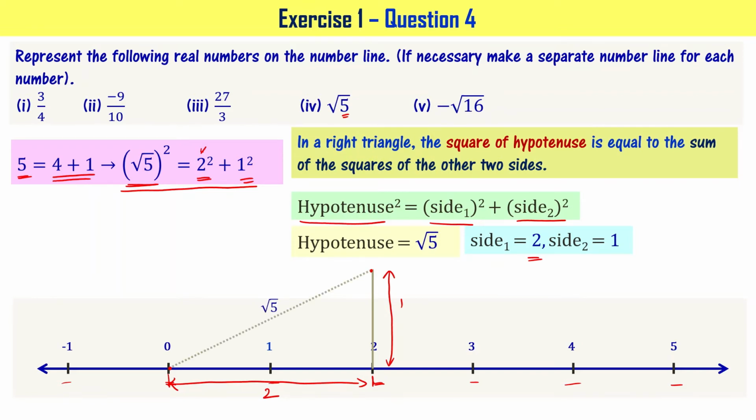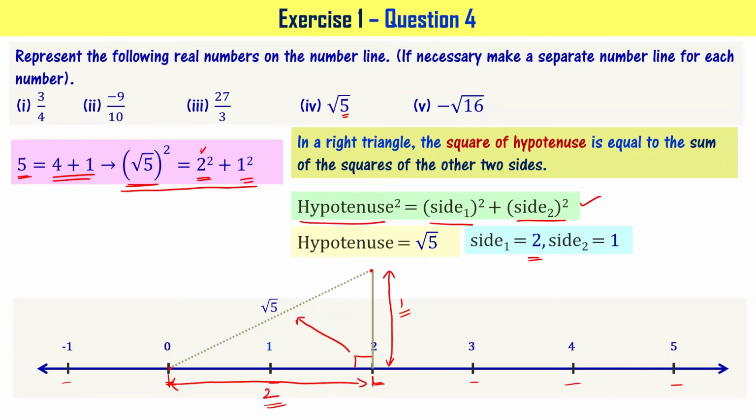That is of length √5. This is what the Pythagoras theorem is saying. When you have one side of a right triangle of size 2 and another side of size 1, then as per Pythagoras theorem, you get root 5 as the third side, that is called hypotenuse of the right triangle, because the side opposite to the right angle is called hypotenuse.